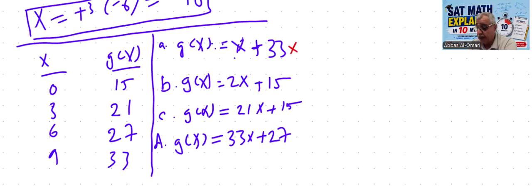Now the third point, X equals 6, 2 times 6 is 12, plus 15 is 27. So the third point is also satisfied. Now the fourth point, X equals 9, so 2 times 9 is 18, plus 15 is 33. So the second equation, which is B, satisfies all the points. So the correct answer is B.